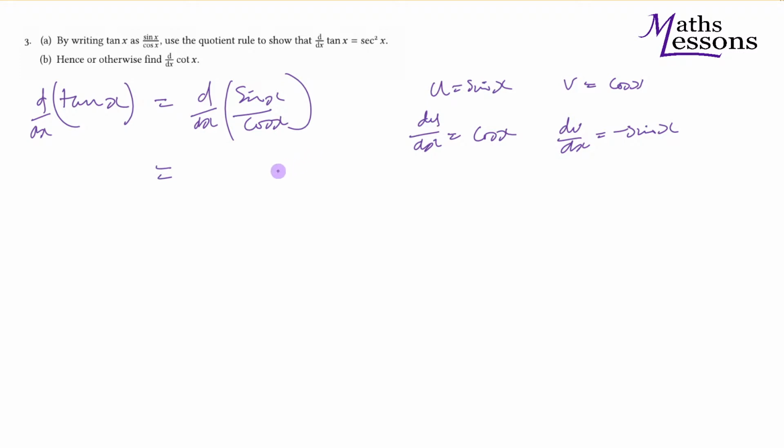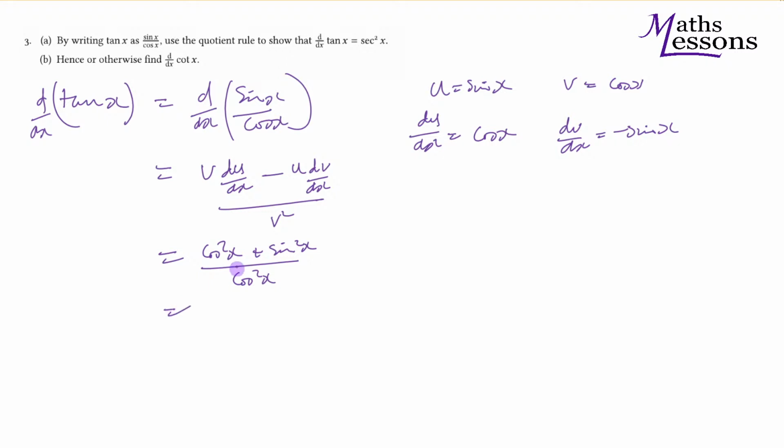So the formula is v du by dx minus u dv by dx, all over v squared. So v du by dx, cos x times cos x is cos squared x. U dv by dx, that's going to be sine x times minus sine x, and minus and minus gives me a plus, all over v squared, which is cos squared x. And cos squared plus sine squared is 1. So that gives me sec squared x.